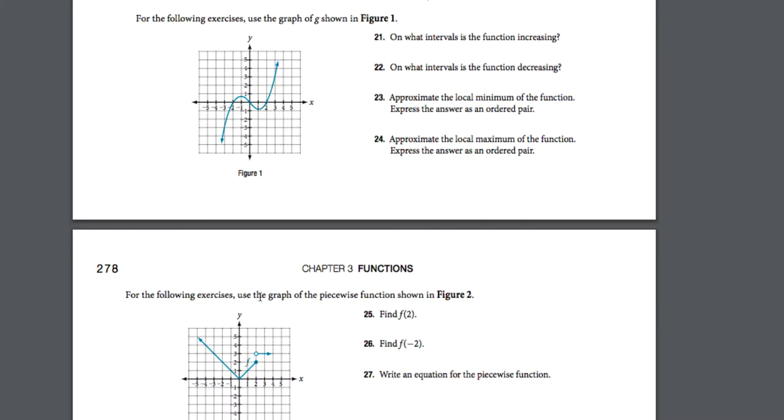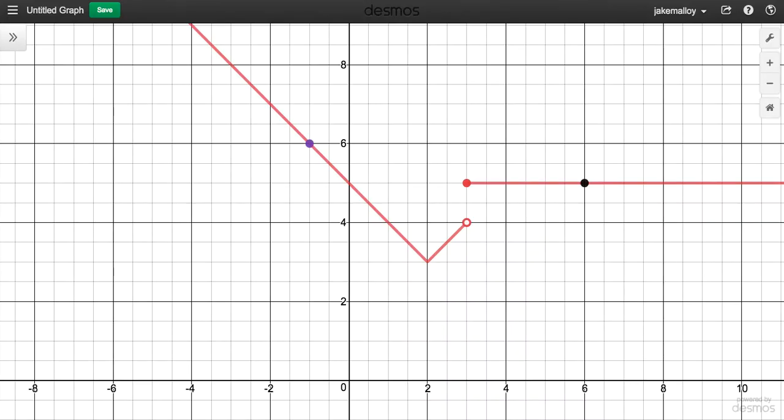Okay, so in the next part we're looking at a piecewise function, and we're going to evaluate at a couple different places. So here we have a different piecewise function. One thing that we can note is that we have two pieces going on. One looks a lot like a chunk of an absolute value function, and then the other looks like a constant, right?